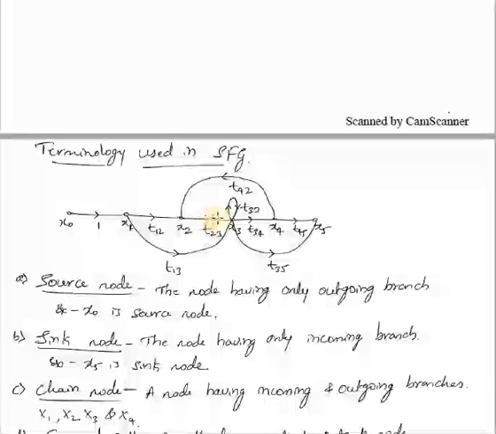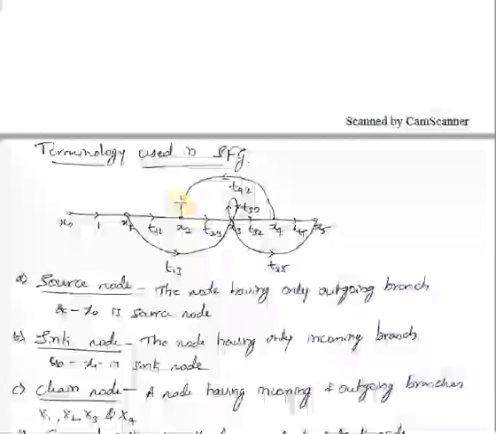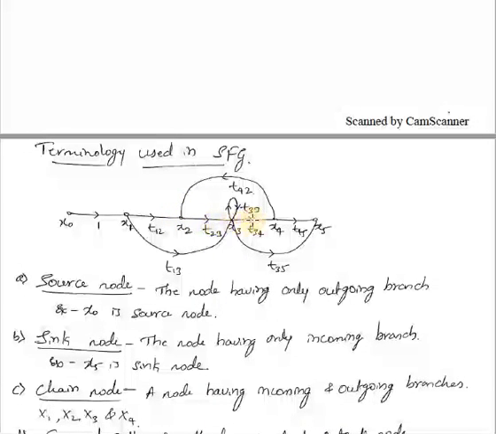While moving with this path, it is not tracing any node twice. So for example, if I take this one as the starting point, x2, then x3, x4 and back to x2.